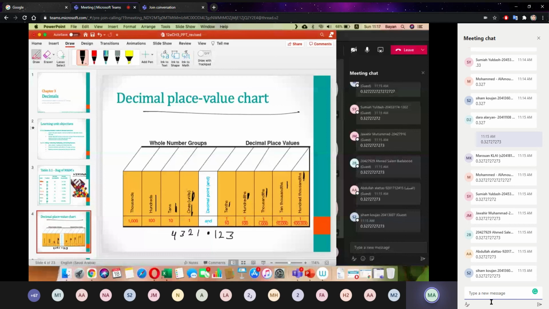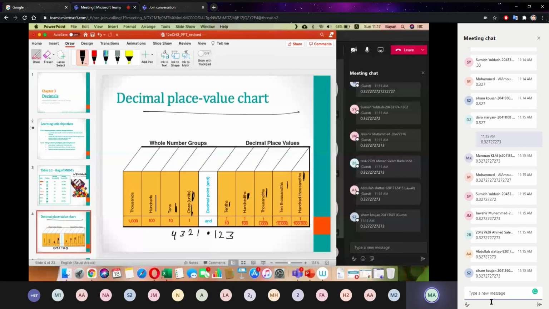So the value here is 10. This value we call it 100th. This value we call it 1,000th. This value we call it 10,000th, and this value we call it 100,000th.